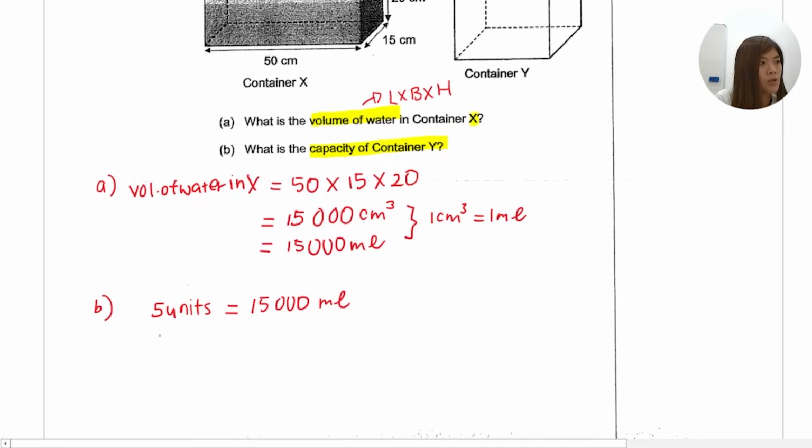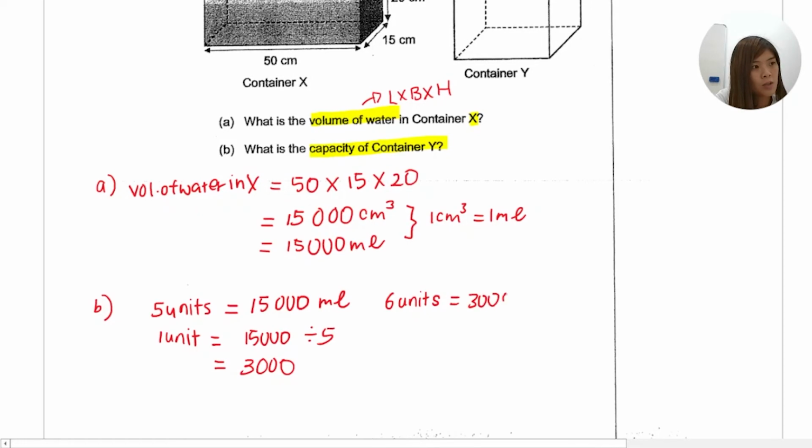So 1 unit is 15,000 divided by 5, which is 3000. In it's 5/6, so the total units you have for Y is 6 units, which is 3000 times 6, 18,000 ml.